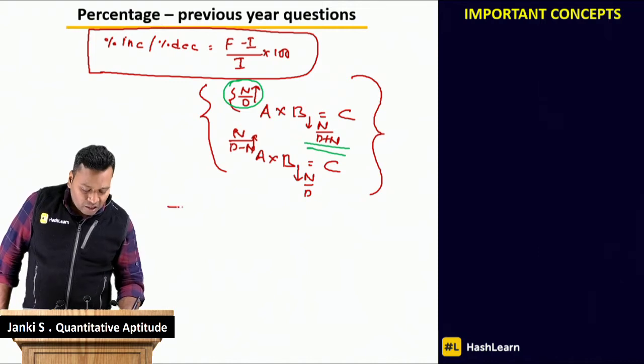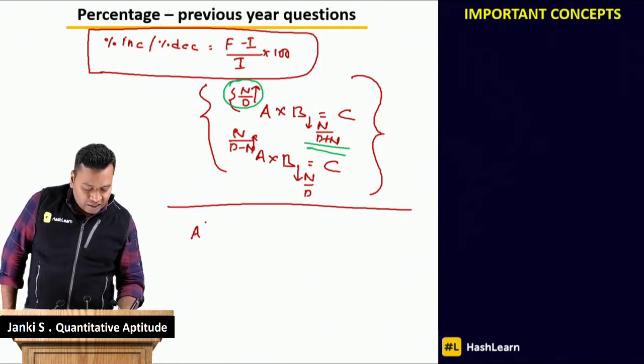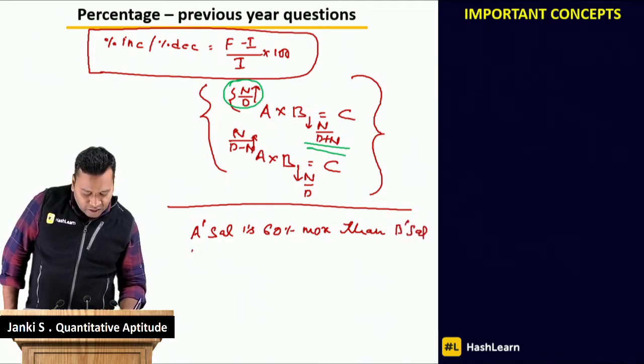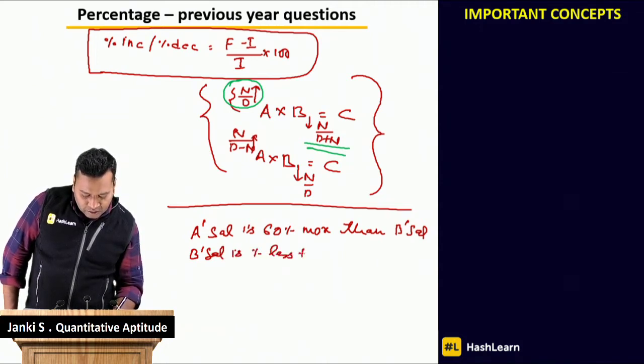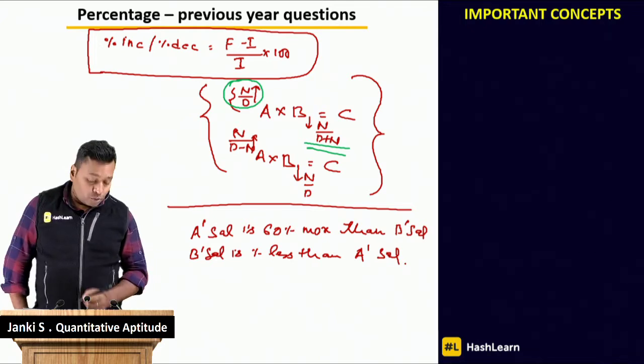I will give a very normal example. Suppose it's given A's salary is 60% more than B's salary, then B's salary is how much percentage lesser than A's salary. अगर आप इसको नॉर्मली कैलकुलेट करेंगे तो क्या पॉसिबिलिटीज हैं?